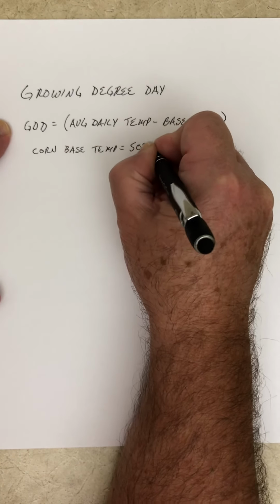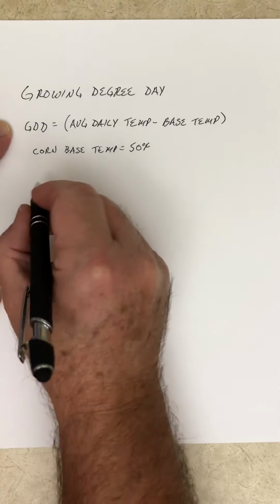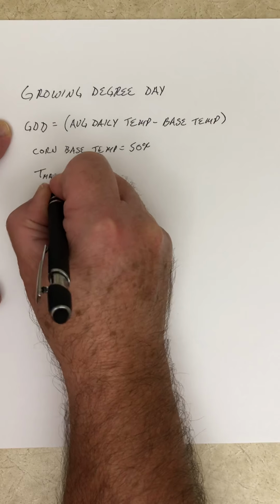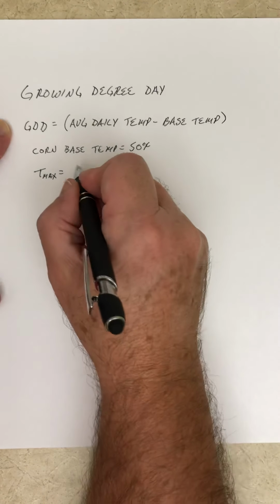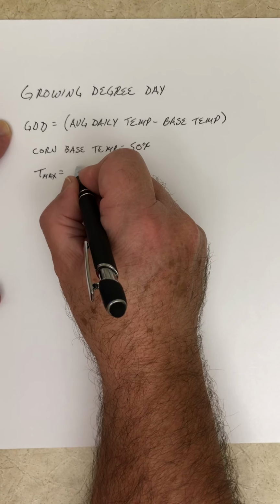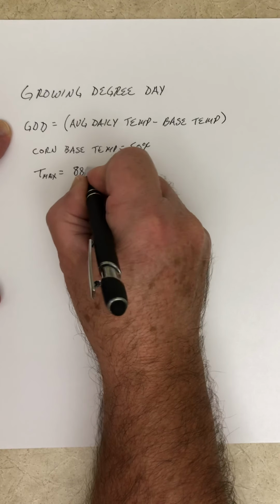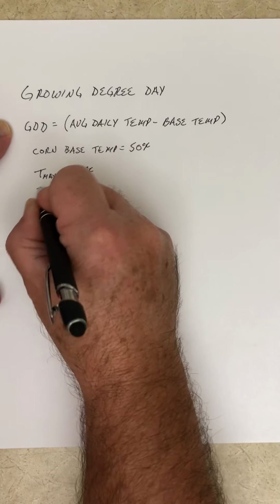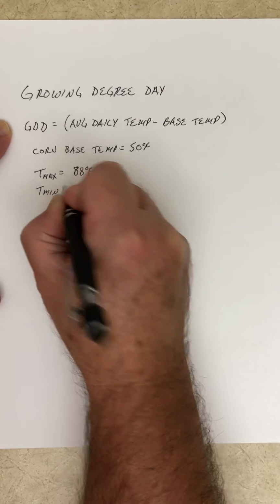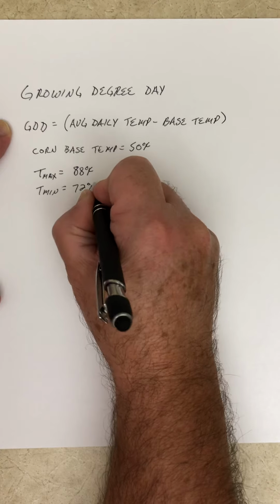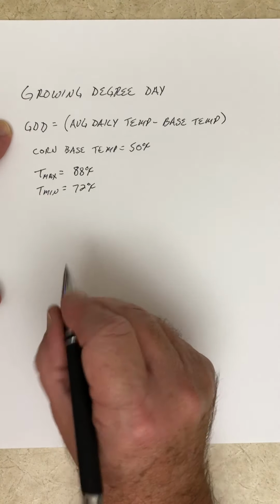Okay. And so if we have a middle of the summer day with a maximum temperature of, let's say, 88 degrees Fahrenheit and a minimum temperature of 72 degrees Fahrenheit. Okay, so it's a nice warm humid day.